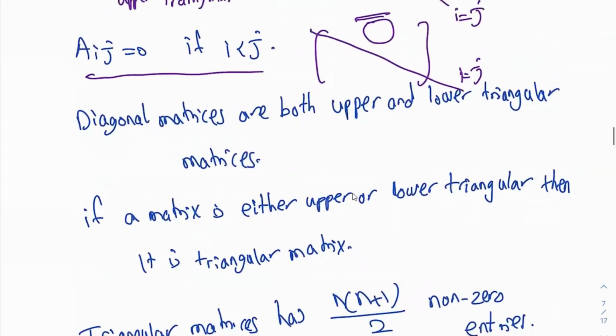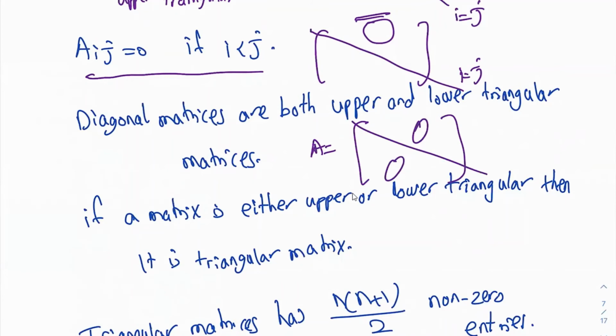So now, diagonal matrices are both upper triangular and lower triangular matrices. What do I mean by that? Let's say A is a diagonal matrix. In that case, all the off-diagonal elements are 0. This is 0, this is 0, this is 0. So it's both lower triangular and upper triangular.